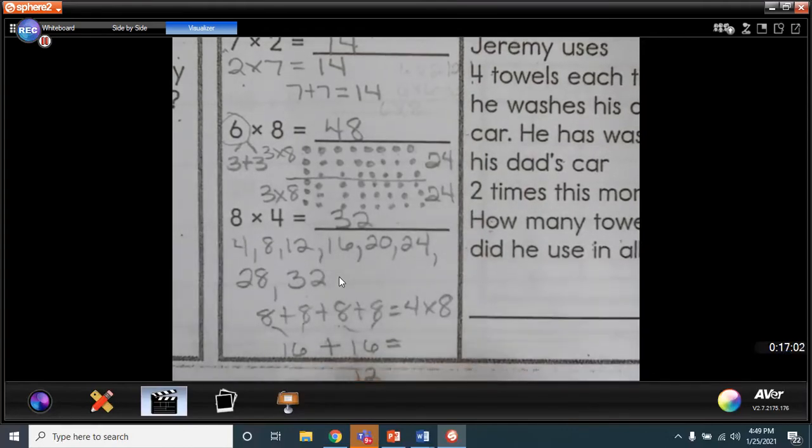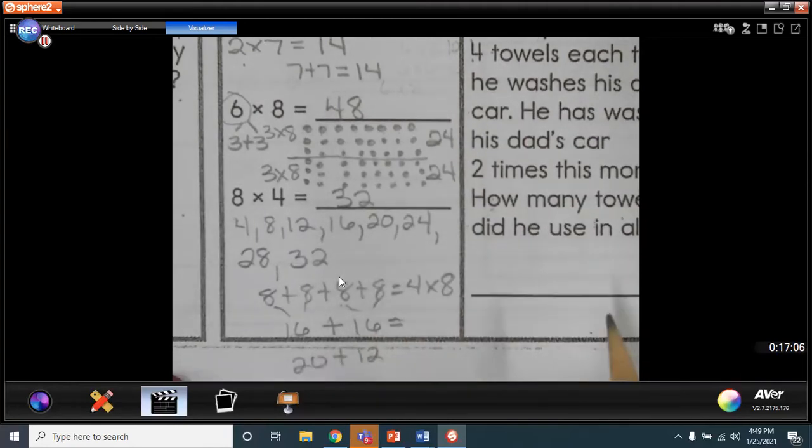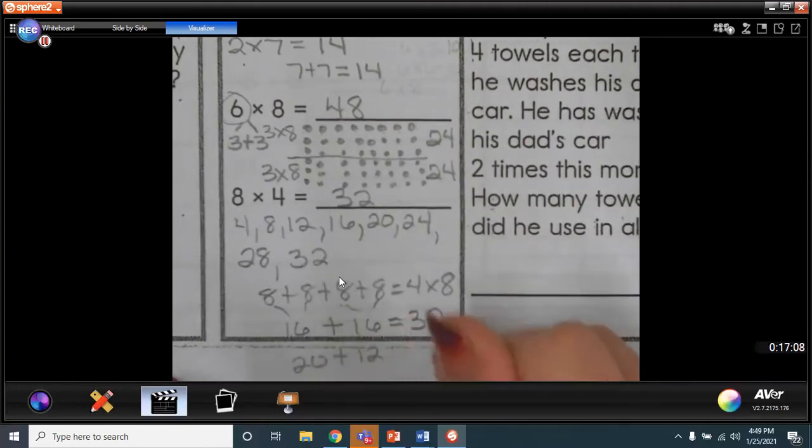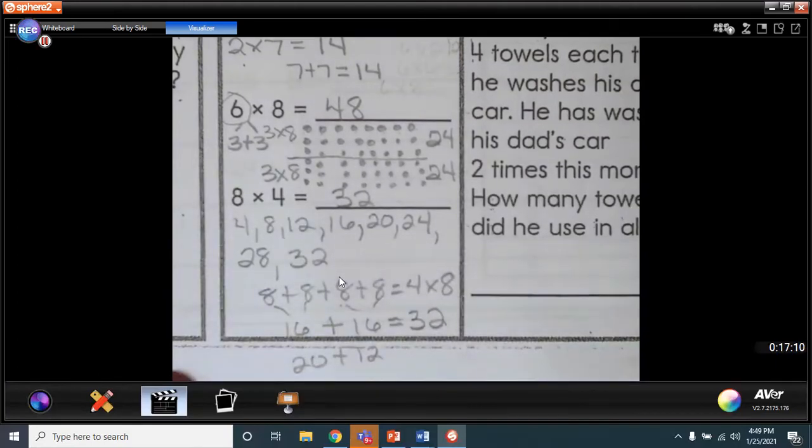And 10 and 10 makes 20. And 20 and 12 is going to make 32. So again, several different ways to think about this, but there is always more than one strategy to help you solve the problem. Remember that multiplication is just repeated addition of the same amount in each group.